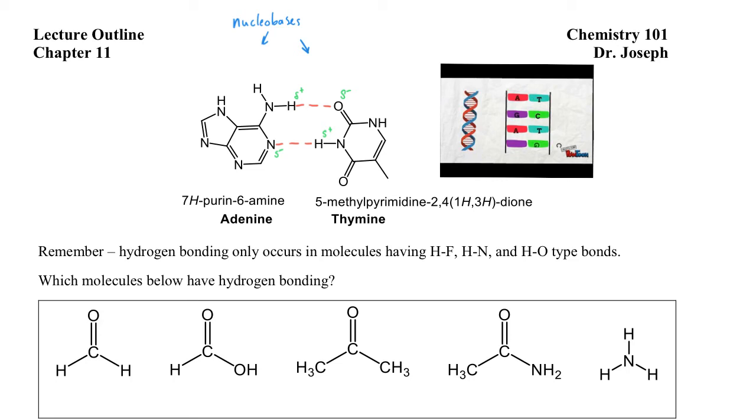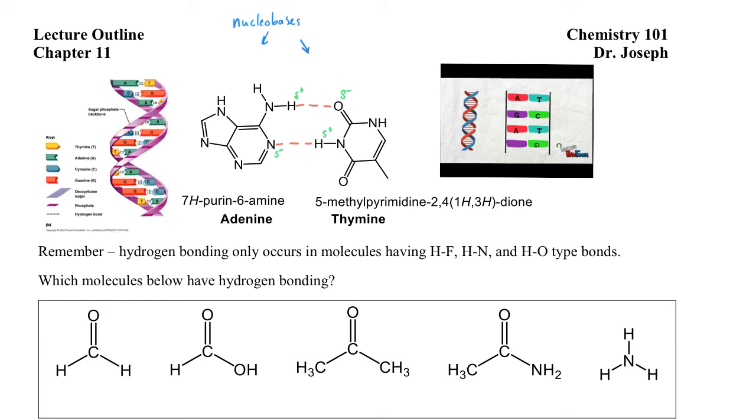Well, that has to do with the structure of these base pairs and the hydrogen bonds that form between them. It turns out that adenine and thymine have complementary structures that allow these two to be associated strongly with one another through a hydrogen bond. And it's because of this hydrogen bond that we get the familiar alpha helix shape for DNA.